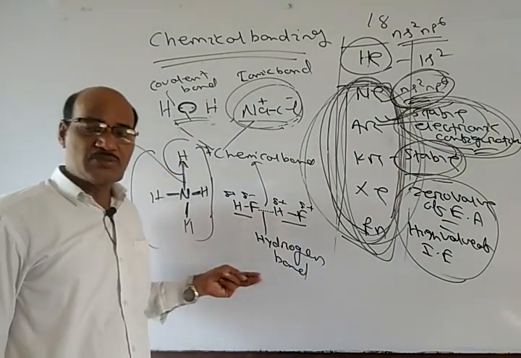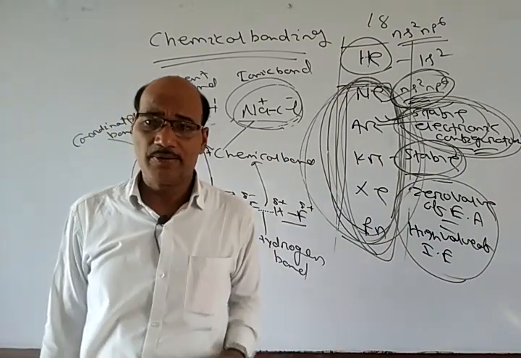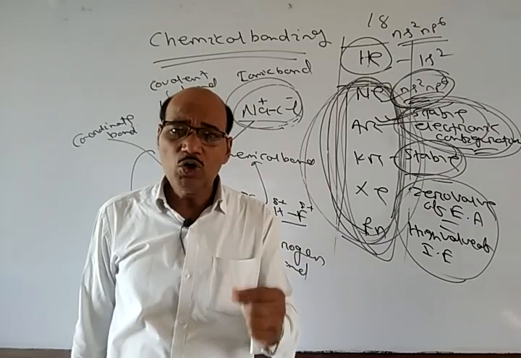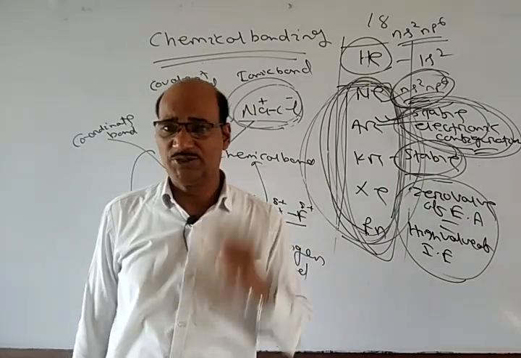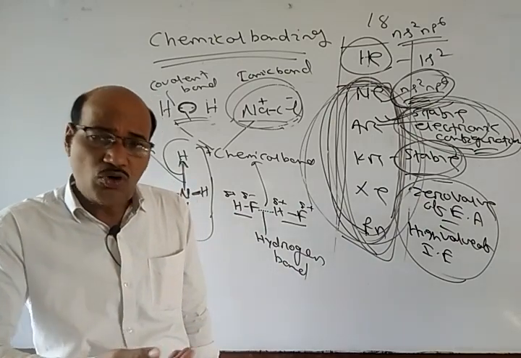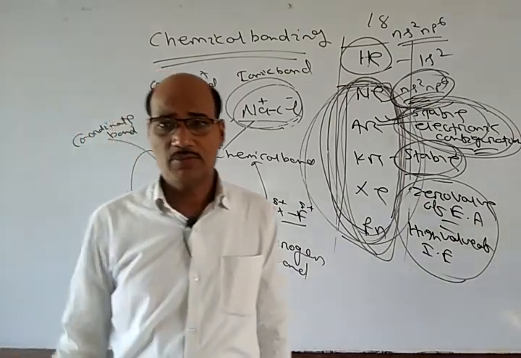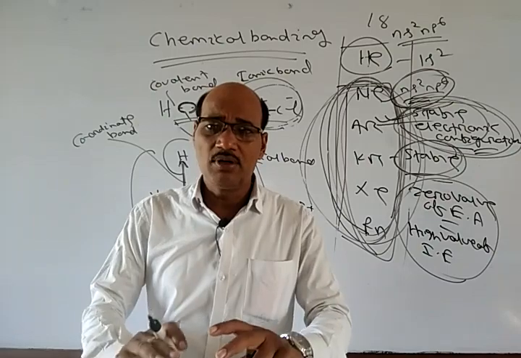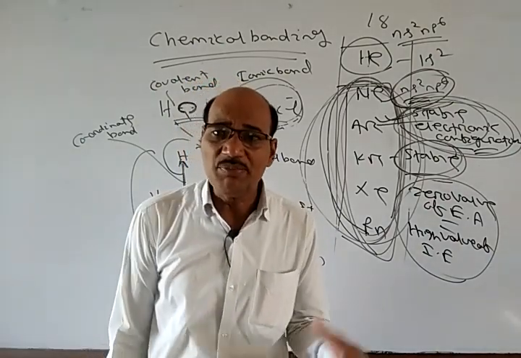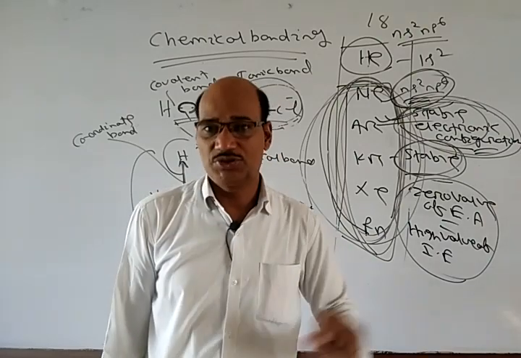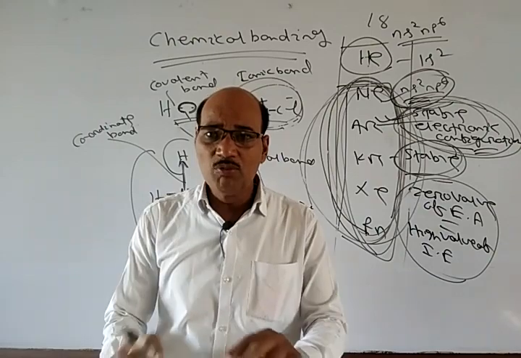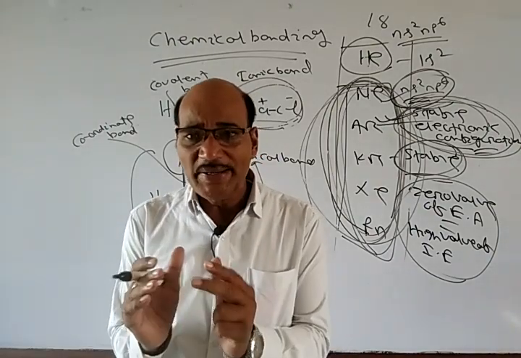Similarly, when we consider a metal, the metals have a very low value of ionization energy. The electrons can go out from the valence shell, and they form a mobile electron cloud, leaving behind the positive nucleus. The positive nucleus is called the kernel, and the mobile electrons are the negative charges.